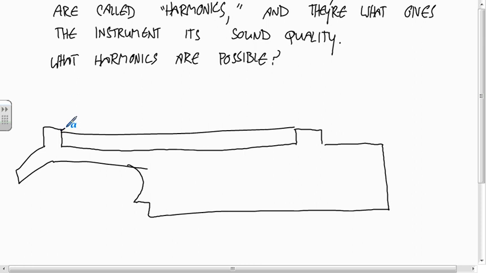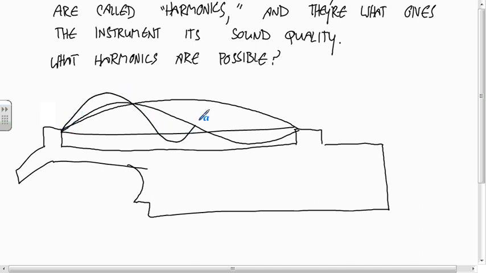A wave that goes like this, a wave that goes like this, a wave that goes like this, okay? Each of these has an omega value, a frequency.